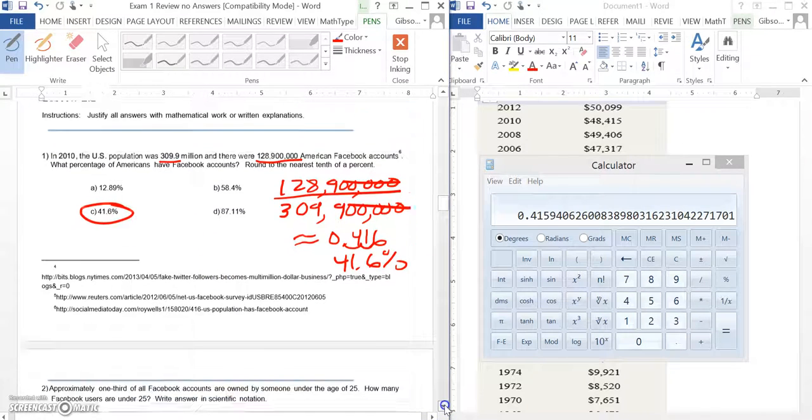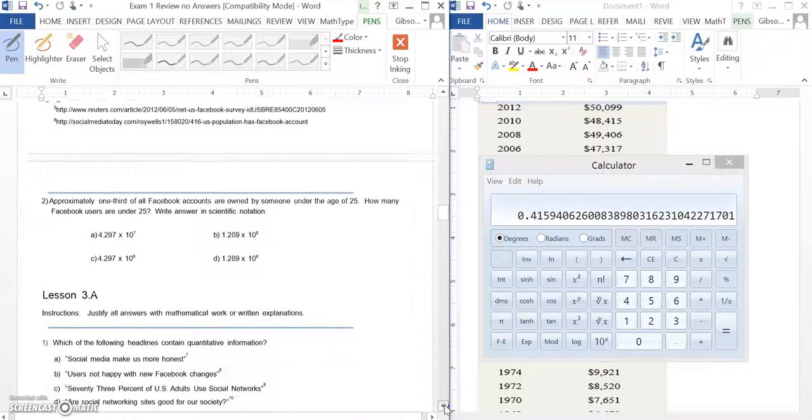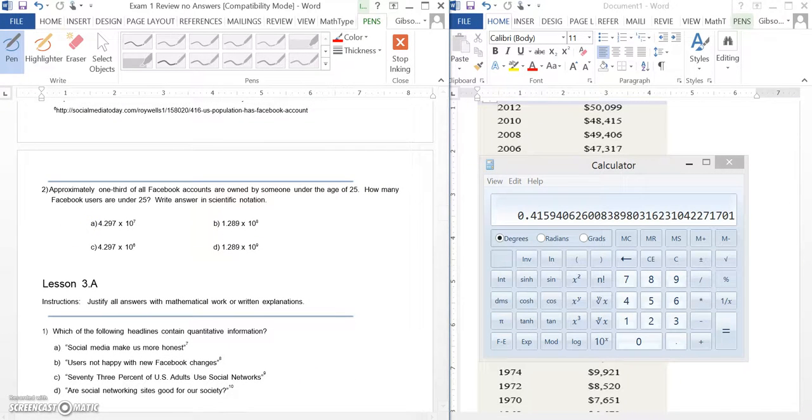Now, we scroll on down to number 2. It says approximately 1/3 of all Facebook accounts are owned by someone under the age of 25. How many Facebook users are under 25? Write the answer in scientific notation.